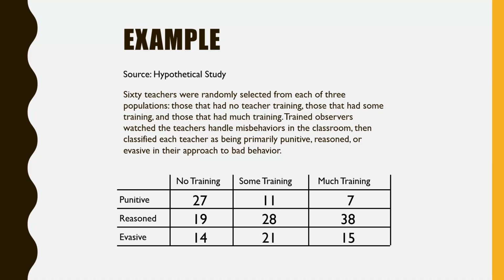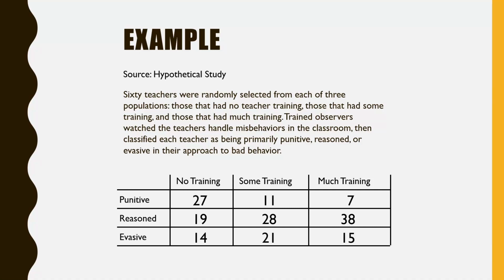So that is looking at only one level of the explanatory categorical variable, that is how much training the teachers had, and we just looked at all three levels of the response categories, which are what kind of approach they have to misbehaviors. So we could say the same, of course, for some training. We could go through those and much training, but hopefully you get the idea.